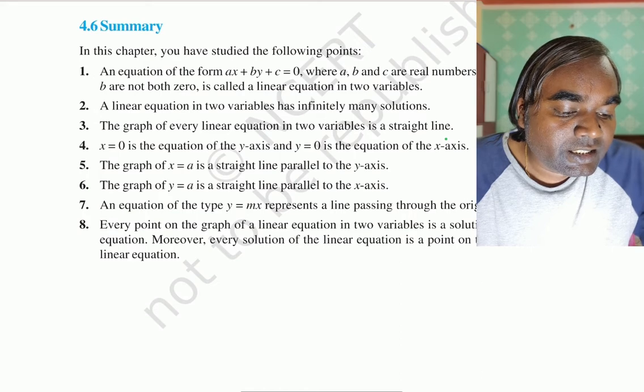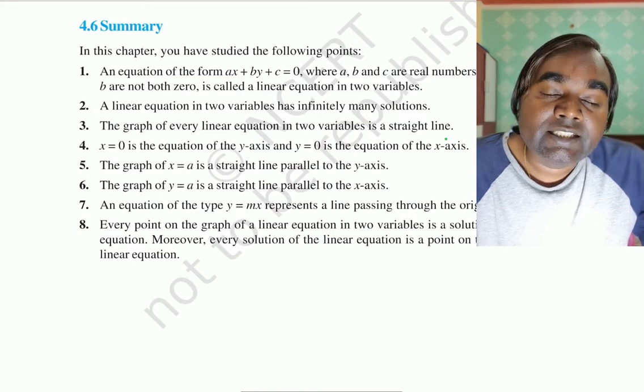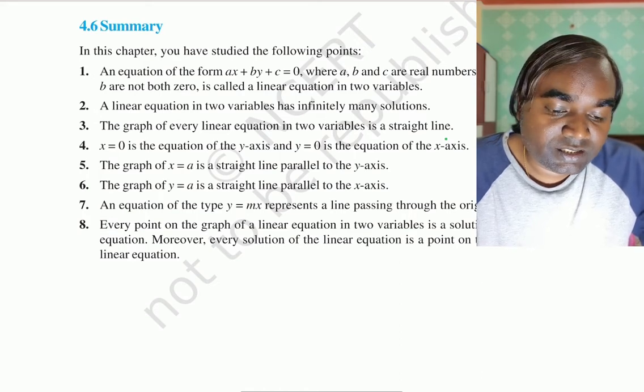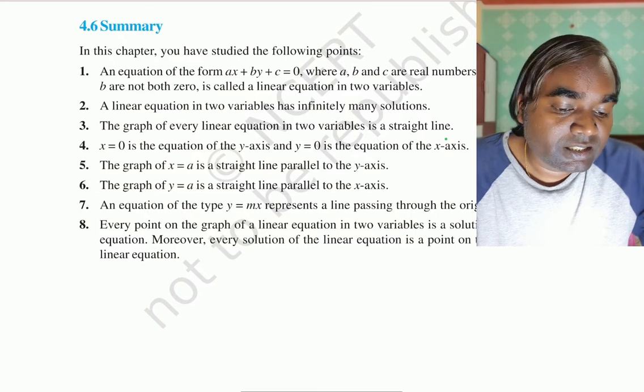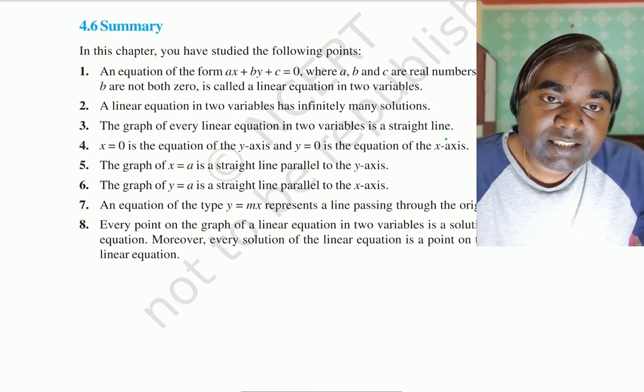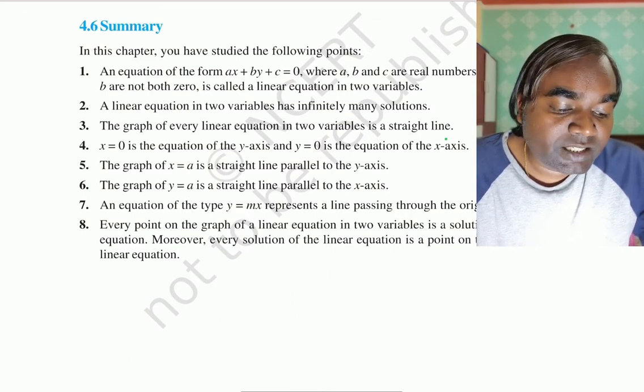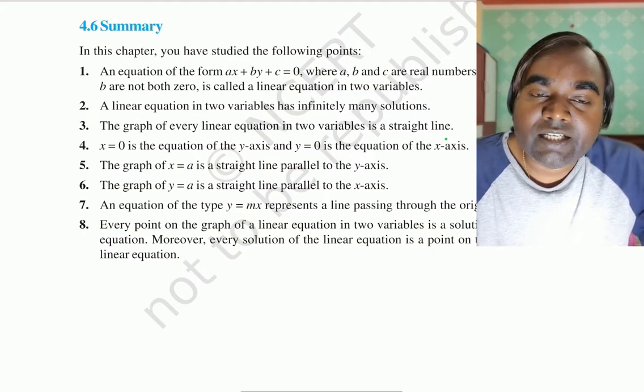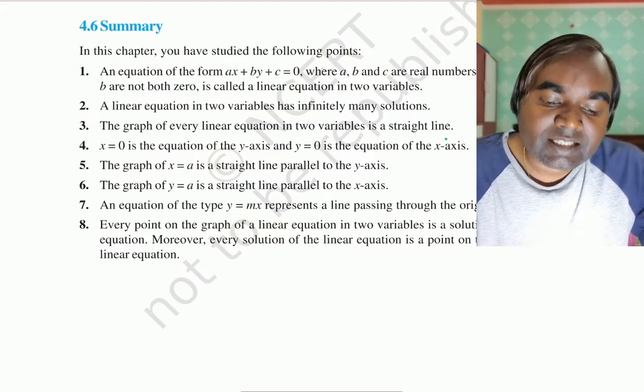Second, a linear equation in two variables has infinitely many solutions, as we saw during the video lecture. The graph of every linear equation in two variables is a straight line. Also we proved that x is equal to 0 is the equation of the y-axis and y is equal to 0 is the equation of the x-axis.